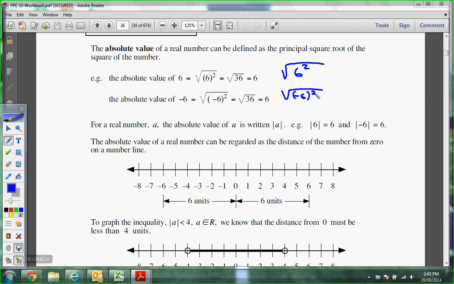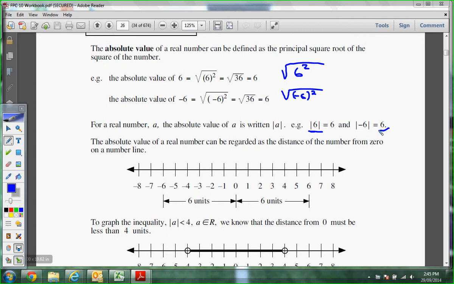Okay, for a real number A, the absolute value is written absolute value of A, so we want it to stay positive. So we're going to say absolute value of 6 is 6, absolute value of negative 6 is 6. So the principal root is just saying they want you to have the distance from 0 for that. So negative 6 and 6 are the square roots of 36.